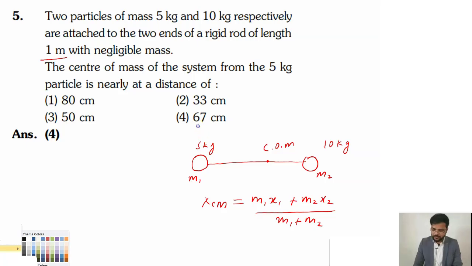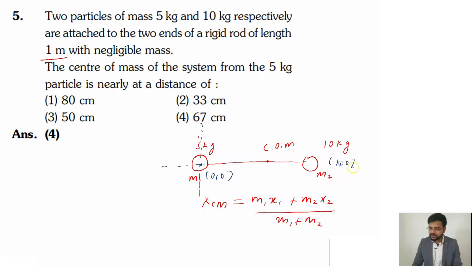Let's suppose this is the origin 0, 0. The coordinate of this 5 kg mass is 0, 0, and the coordinate of this 10 kg mass will be 1, 0. Okay, so the coordinate of the center of mass will be xcm, which we are finding, and ycm.